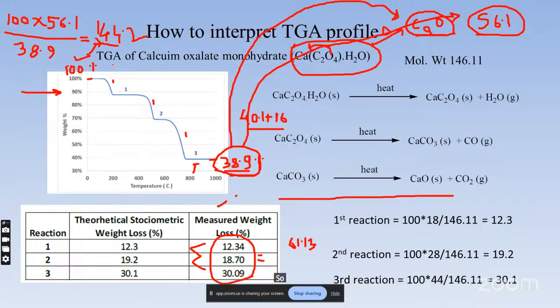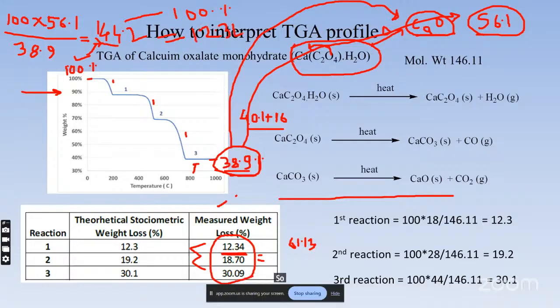Now you can see the first loss is 12.34%. If 144.2 is 100% weight of your compound, how much weight will correspond to 12.34% loss?